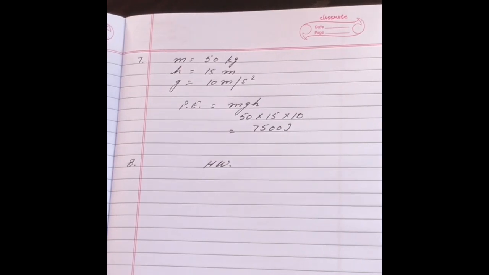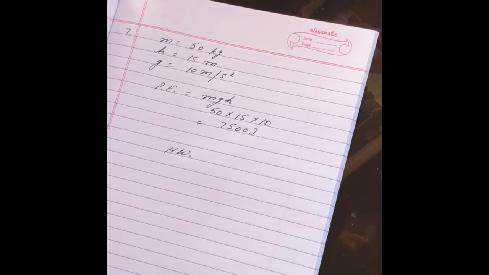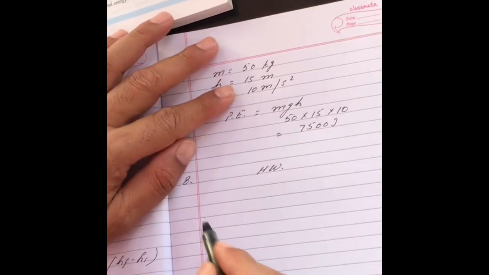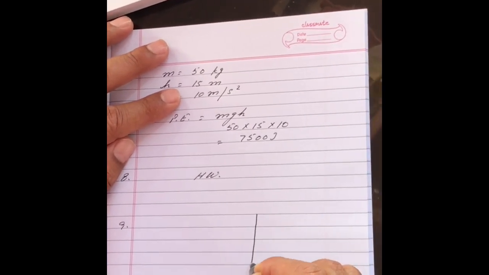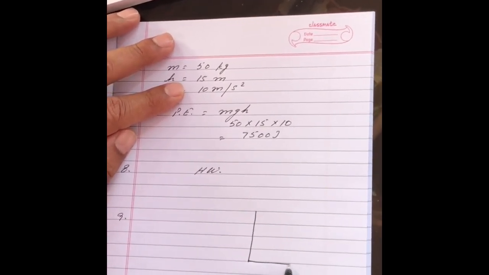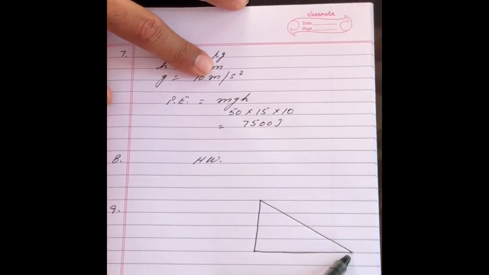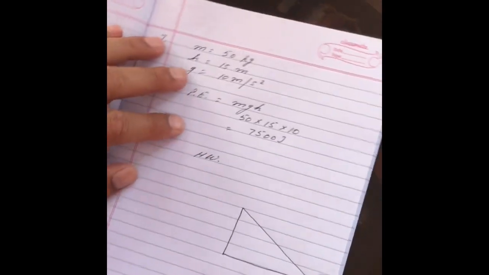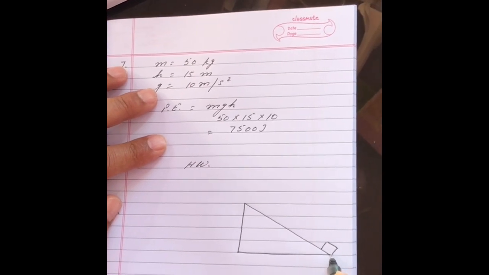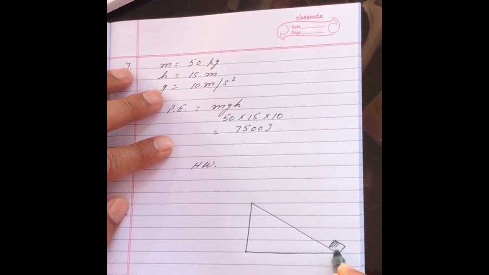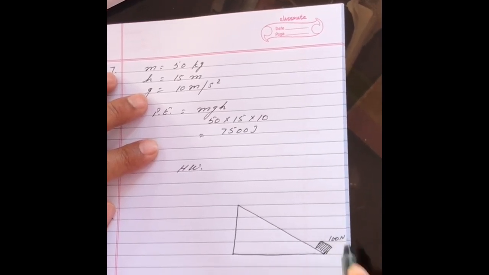Same question. Question number 9. A block A, its weight is 100 Newton.